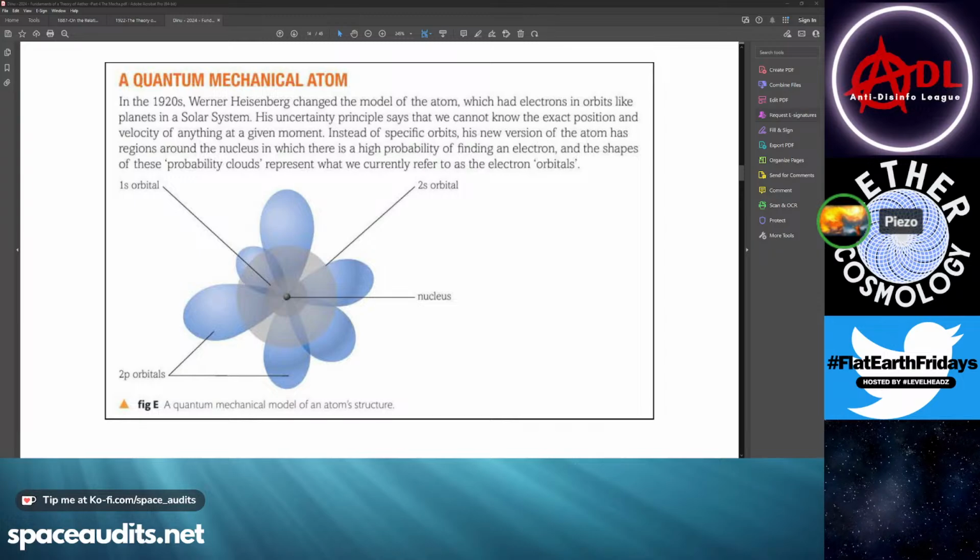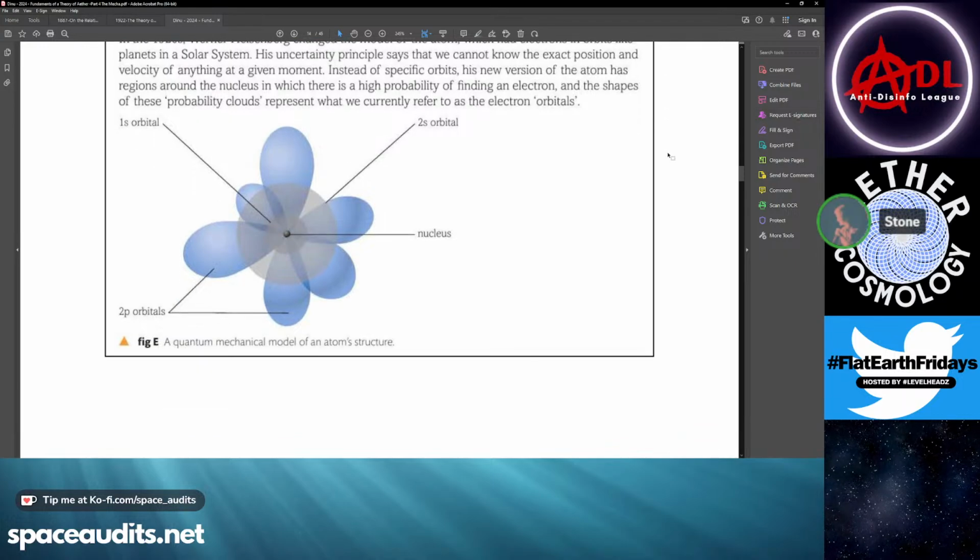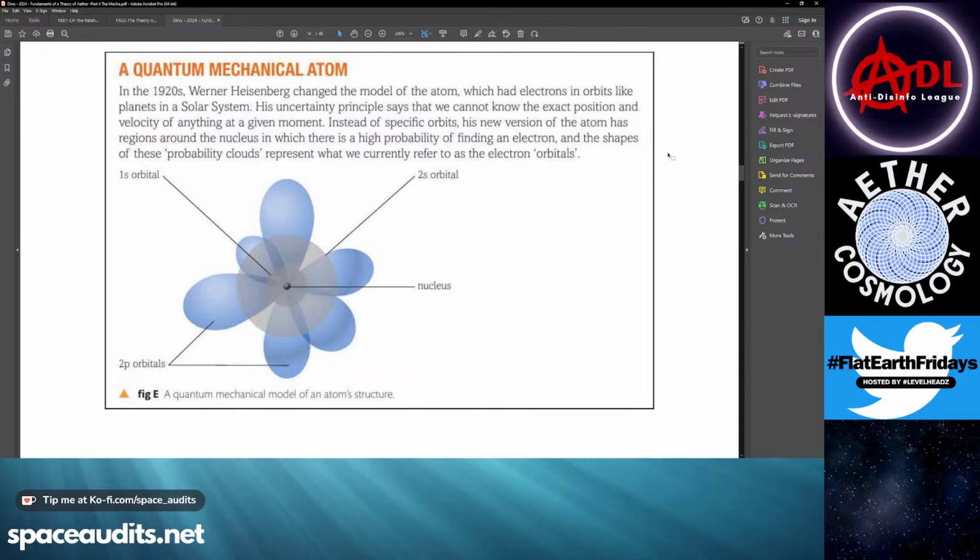His uncertainty principle says that we cannot know the exact position and velocity of anything at a given moment. Instead of specific orbits, his new version of the atom has regions around the nucleus in which there is a high probability of finding an electron, and the shapes of these probability clouds represent what we currently refer to as the electron orbitals. Sort of like the chances of finding a WMD.